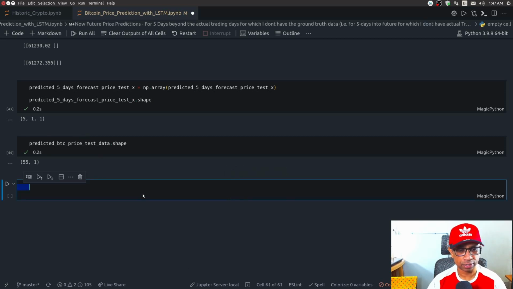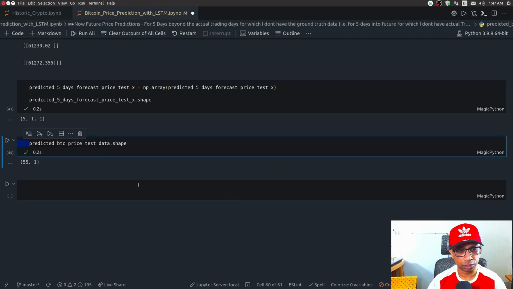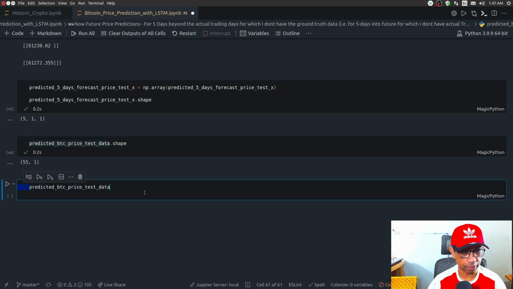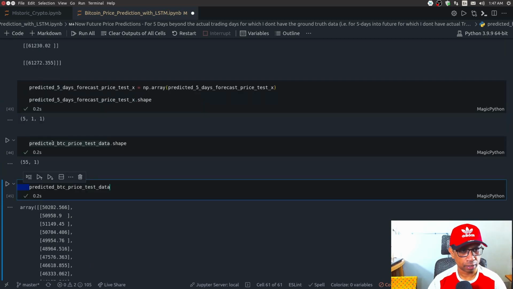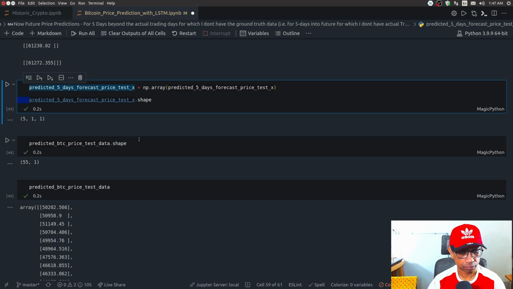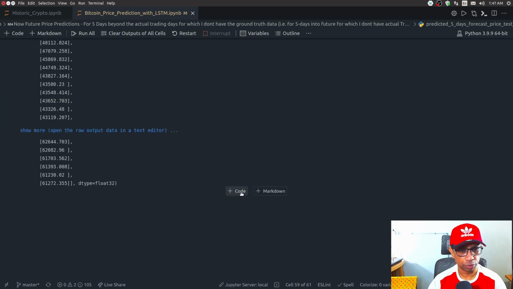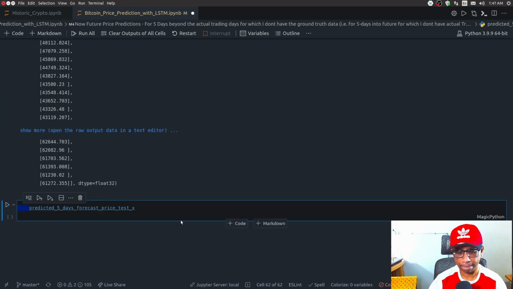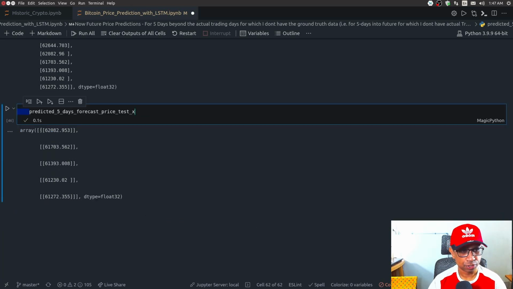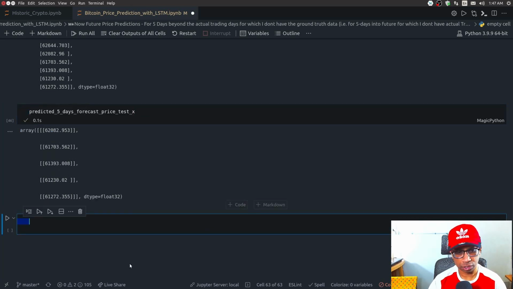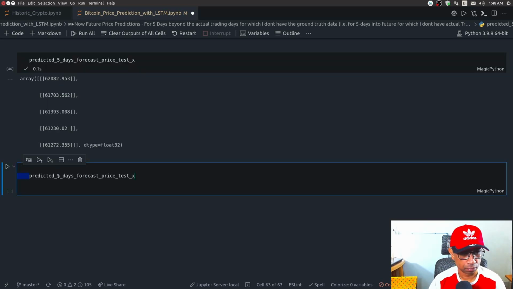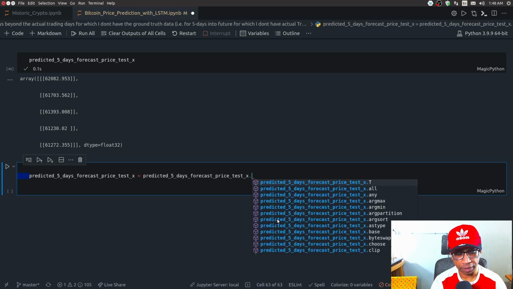But before that, let's check their actual form. I think they are in a tensor form, 3D. Yes, this is a 2-dimensional tensor, and this should be 3-dimensional tensors. Yes, so let's flatten them just to make the calculation a little bit easier. I'm just flattening these predicted 5 days first.